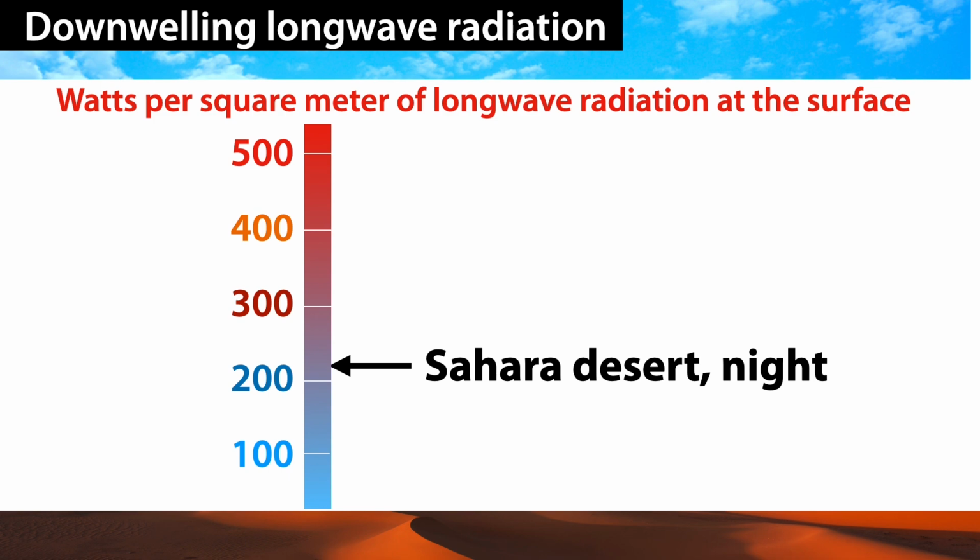It's less cold at night than it would be without the greenhouse effect. I'm not going to translate watts per square meter into degrees because that's where all the fudging is. There are too many factors to do that with any accuracy. But here we see quite a lot of downwelling radiation at night, even under clear skies. This is the greenhouse effect.